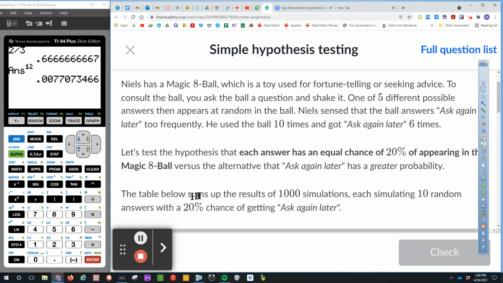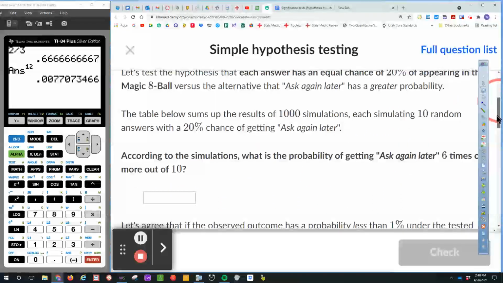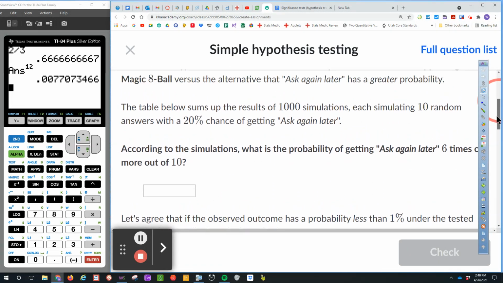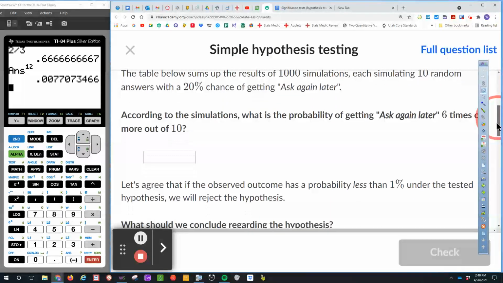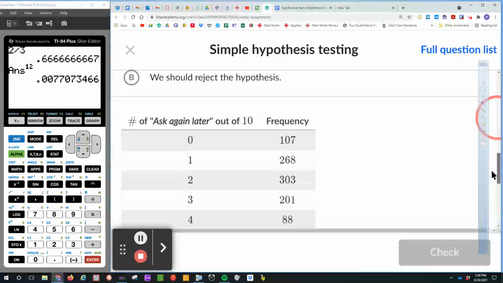The answer below sums up the results of 1,000 simulations, each simulating 10 random answers with a 20% chance. Okay? So according to the simulation, what is the probability of getting "ask again later" 6 times or more? So there's a simulation that's been done.